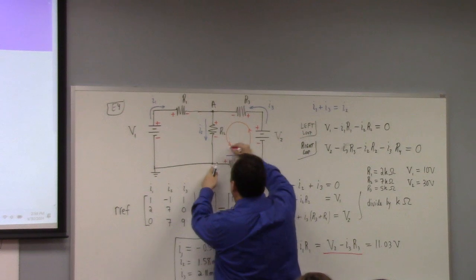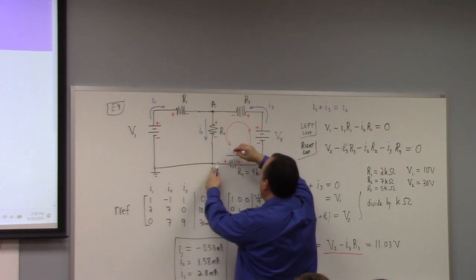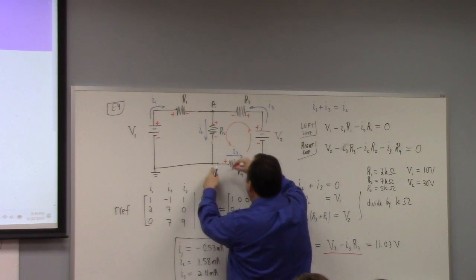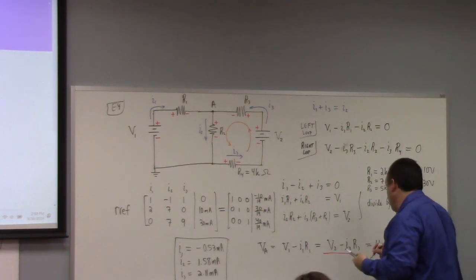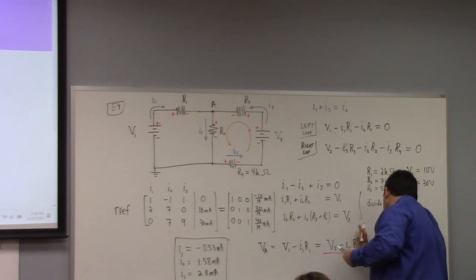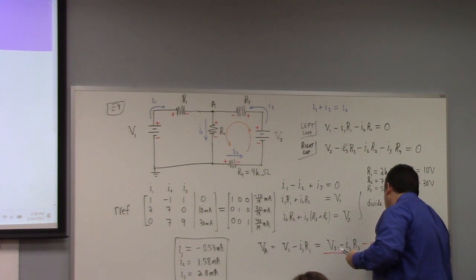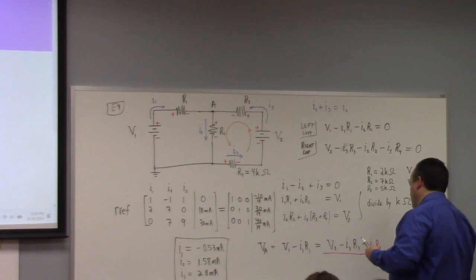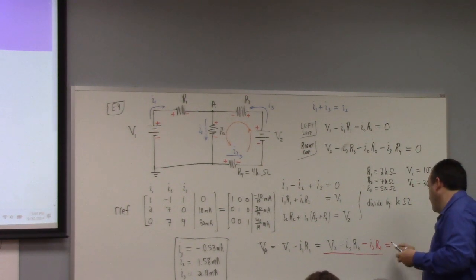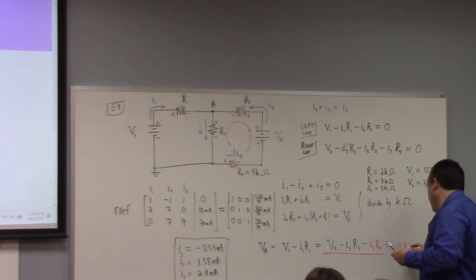This is here too, right? So all I'm getting, I've completely ignored R4 is my point, right? So I have to subtract I3 R4 as well. And what's that give me? I hope it gives me 11.03.